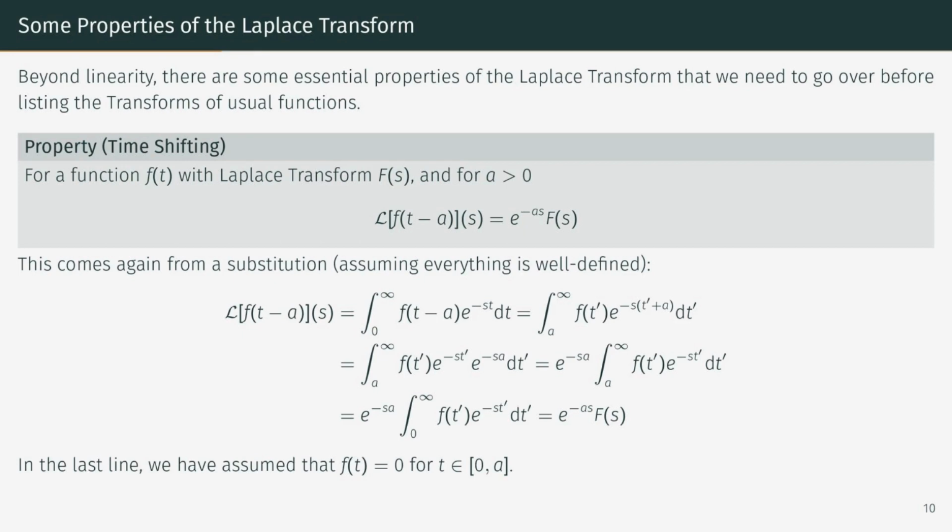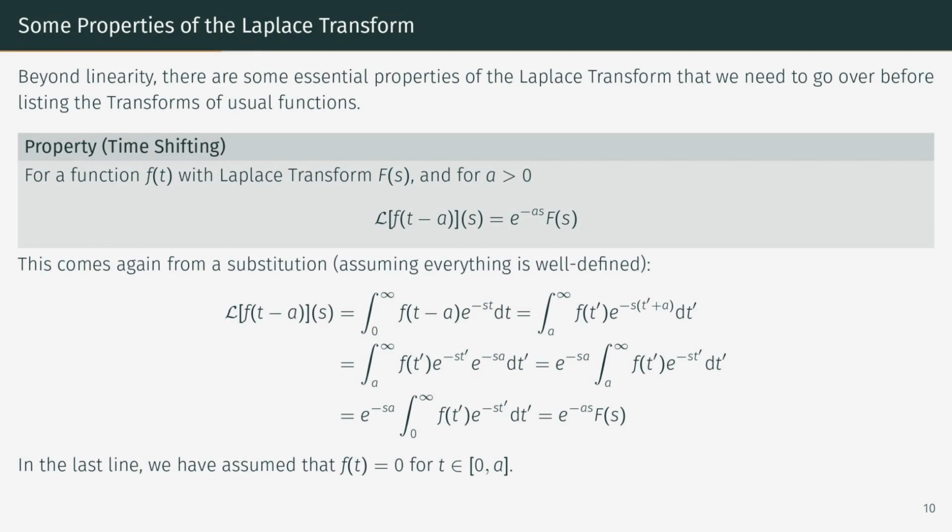Splitting the exponential term, we can see that this equals the integral of f of t prime times e to the negative st prime times e to the negative sa dt prime from a to infinity. Removing the constant term, we get e to the negative sa times the integral of f of t prime times e to the negative st prime dt prime from a to infinity.